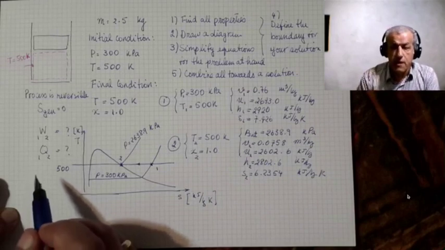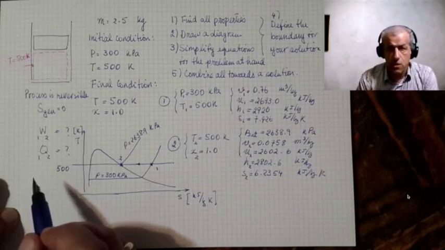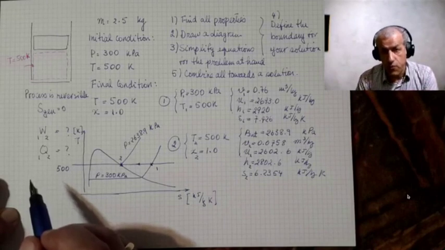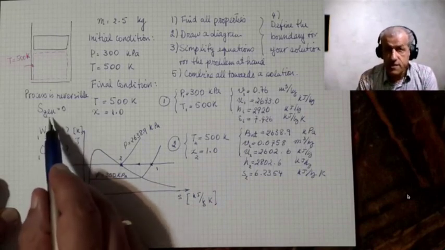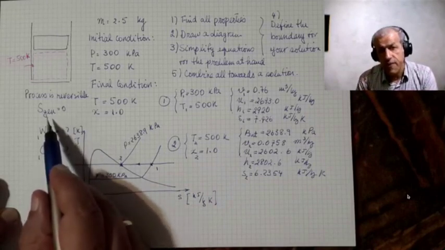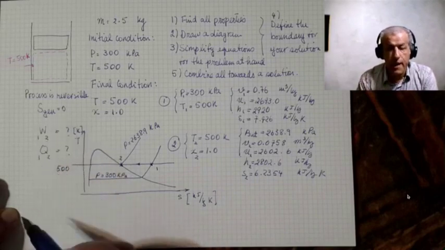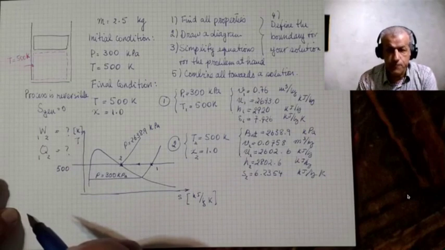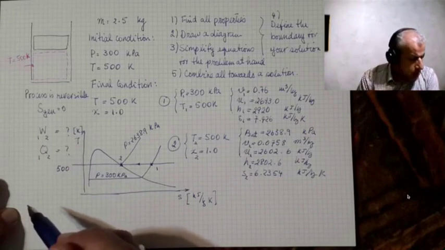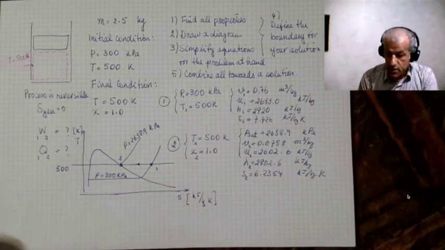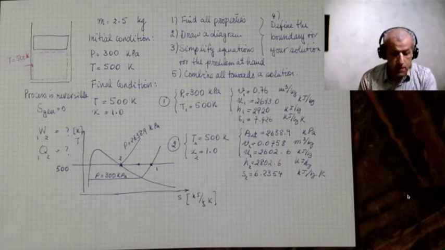In fact, we shall see shortly that if the process is not reversible, then we would have different combinations of work and heat. So, for the time being, this is a good position.